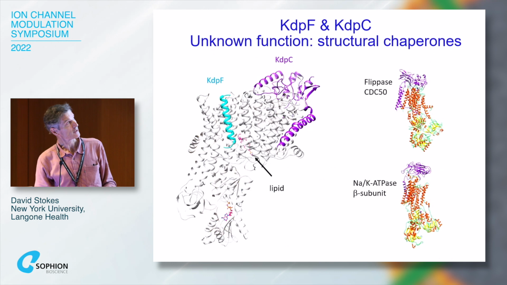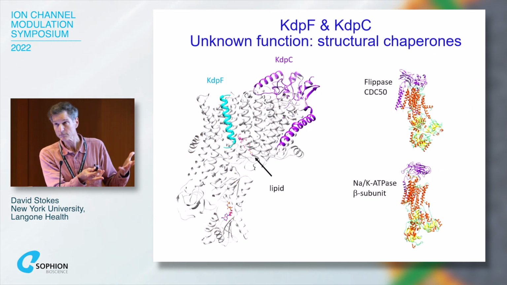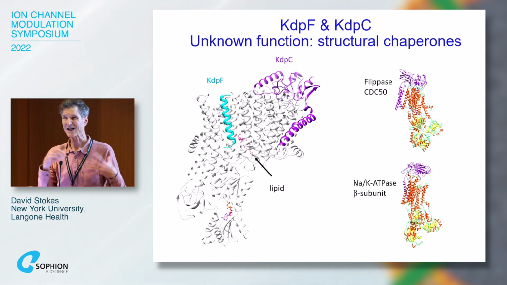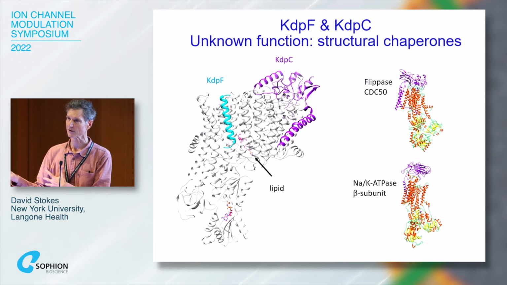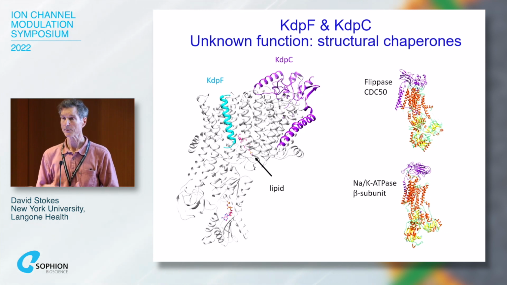Okay, the other subunits, C and F, are of unknown function, I would say, except that in analogy with other members of the P-type ATPase families, they usually have other subunits, beta subunits or called different things, that are kind of accessory structural chaperones, there either to facilitate trafficking or to hold the structure in a stable conformation.